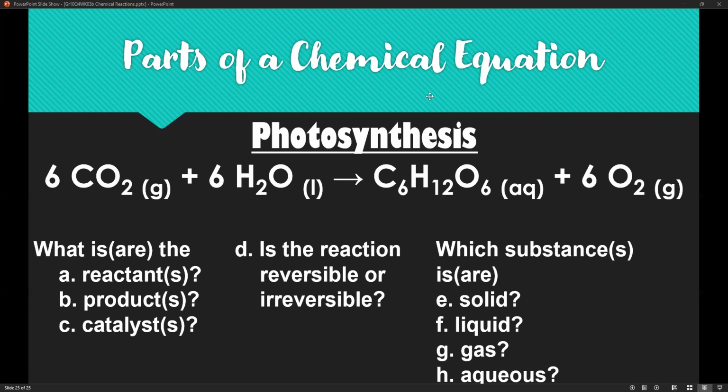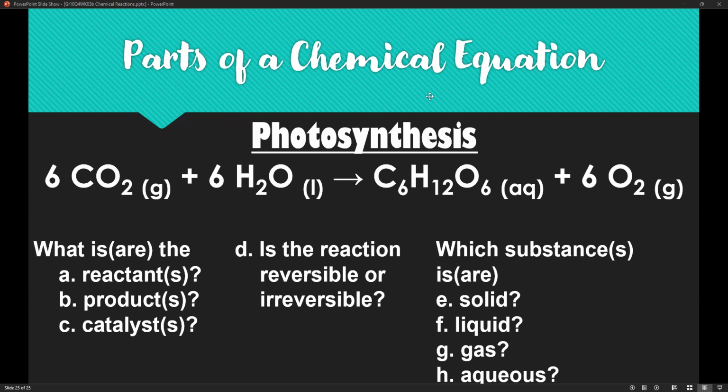So from the left, we start with 6 moles of gaseous carbon dioxide or CO2 with 6 moles of liquid water, forming or producing 1 mole of aqueous glucose, C6H12O6, or any sugar component, and 6 moles of gaseous oxygen.